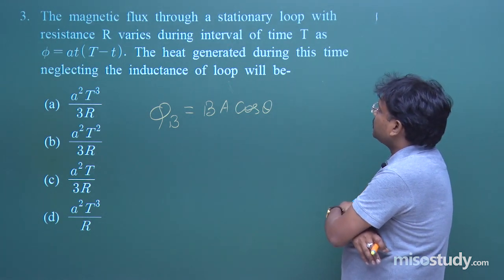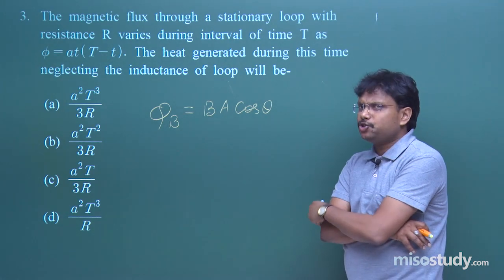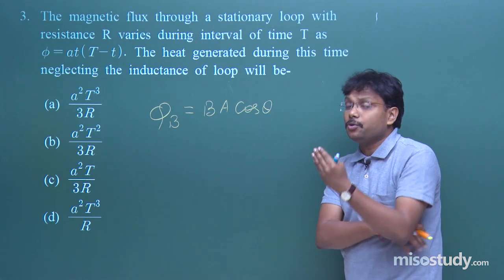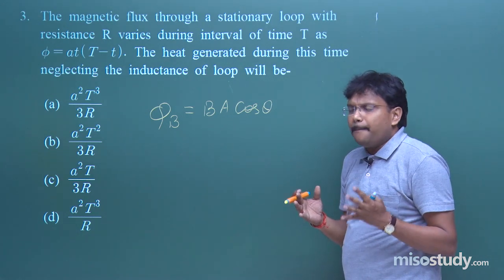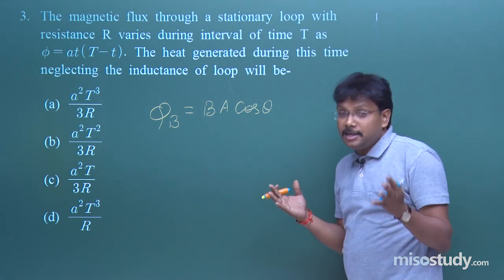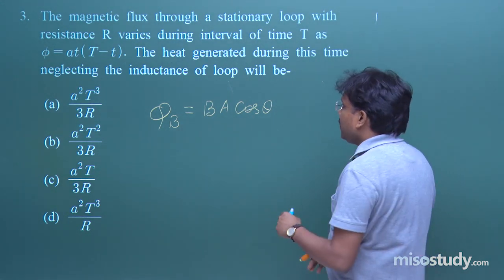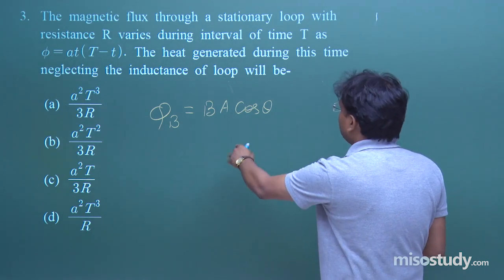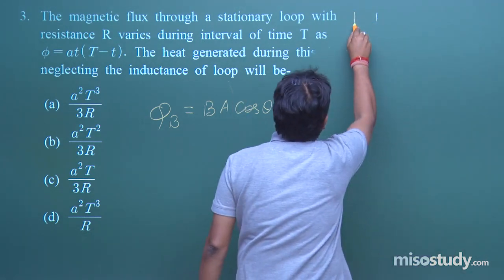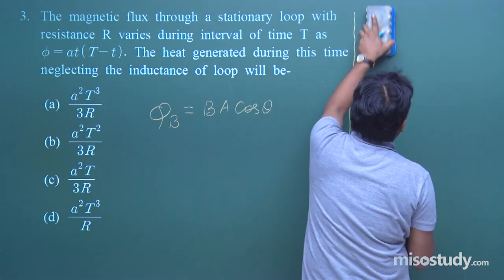The heat generated during this time, neglecting the inductance of the loop, will be how much? Ultimately, in this question also they are asking about induced EMF. Only then can you find the heat, H is equal to I square R T type of relation. So from here we will start our discussion of this particular question.